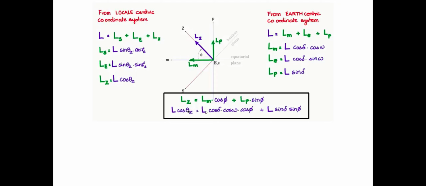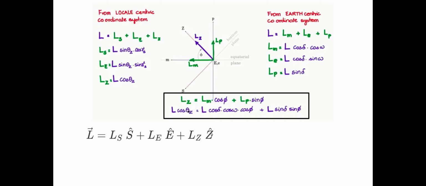The first thing I want to do is rewrite the insolation vector equation with some additional mathematical notation. Here I've just added an arrow on top of the insolation vector, L, to denote it as a vector. I've also explicitly written out the unit vectors s hat, e hat, and z hat that form an orthogonal basis for the local centric coordinate system.